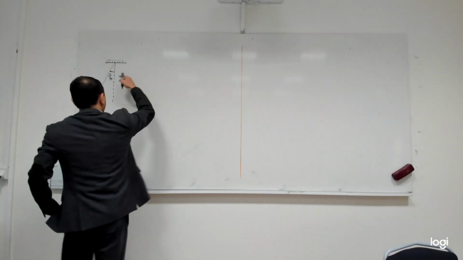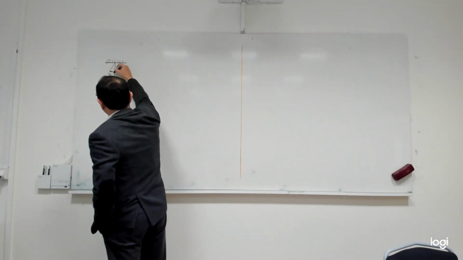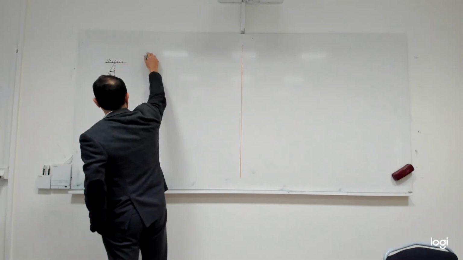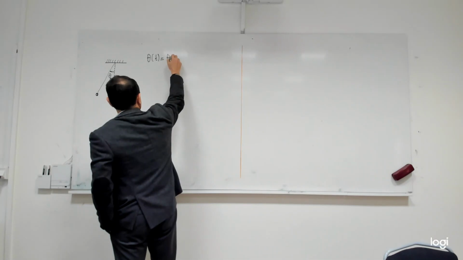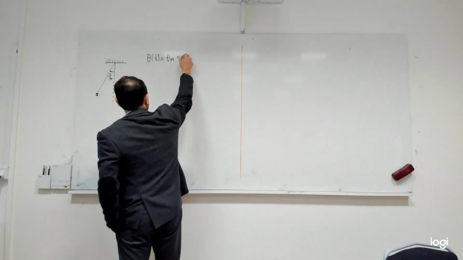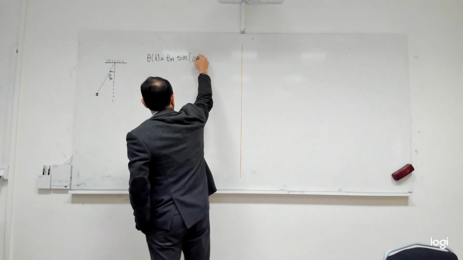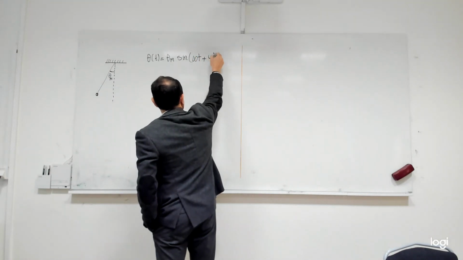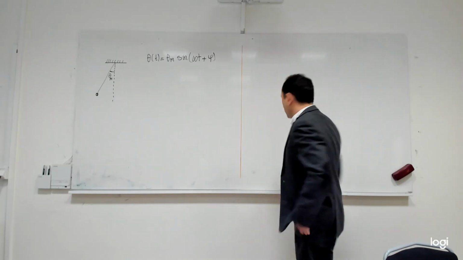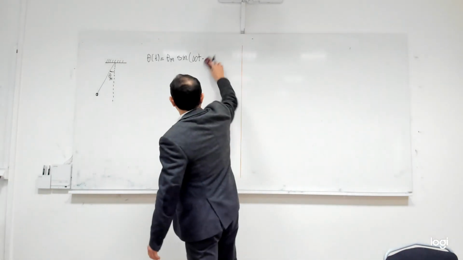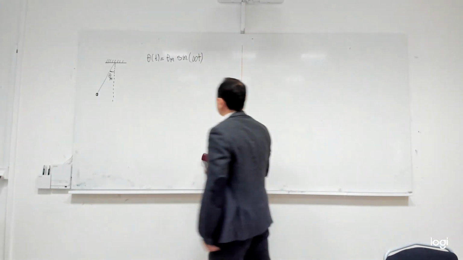If you want to measure the angle at a later time, it becomes theta m multiplied by sine of omega t plus a phase, initial phase phi. Oh, you haven't talked about the phase thing. Okay, let me skip that.